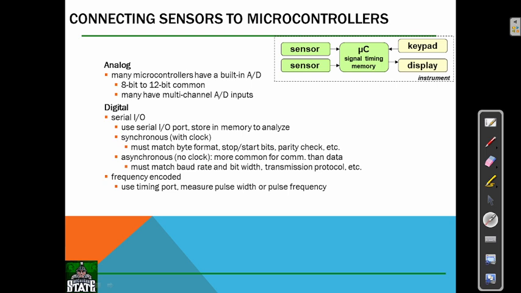Whereas in digital serial input output, we use a serial input output port and store in memory to analyze and synchronize with the clock. It must match byte format, start or stop bits, parity check, etc. Asynchronous means no clock, which is more common for data. It must match baud rate, bit width, transmission protocol, etc. This is the digital microcontroller.